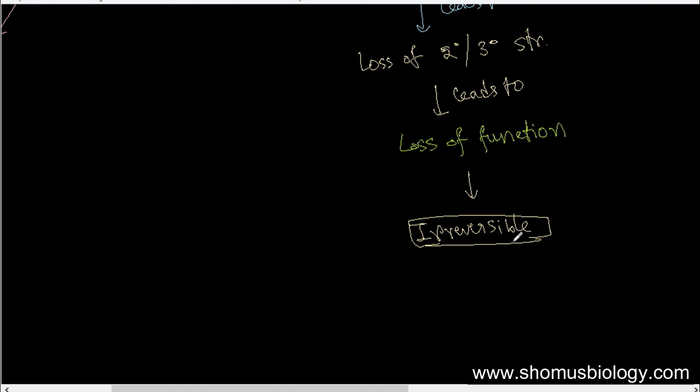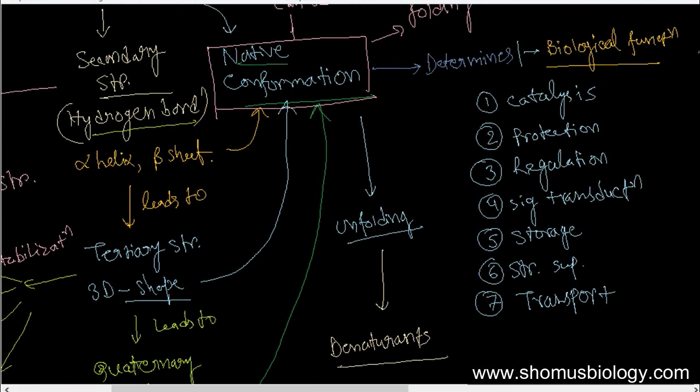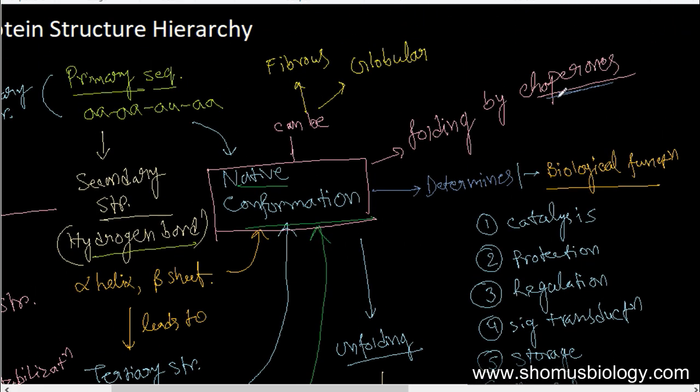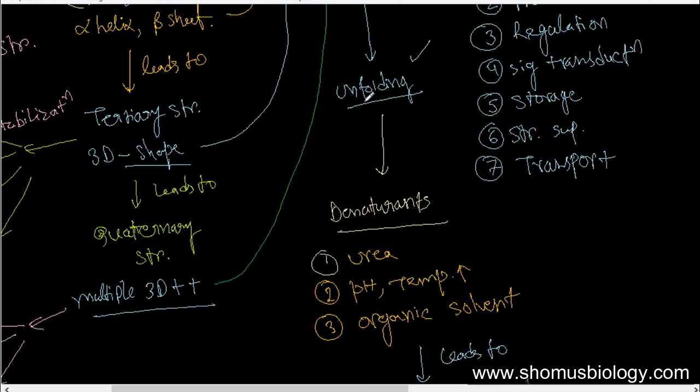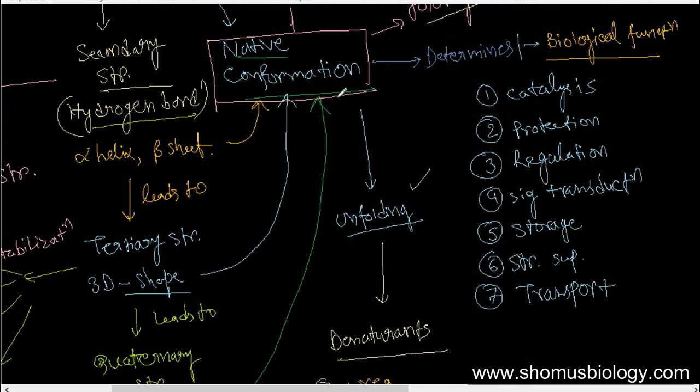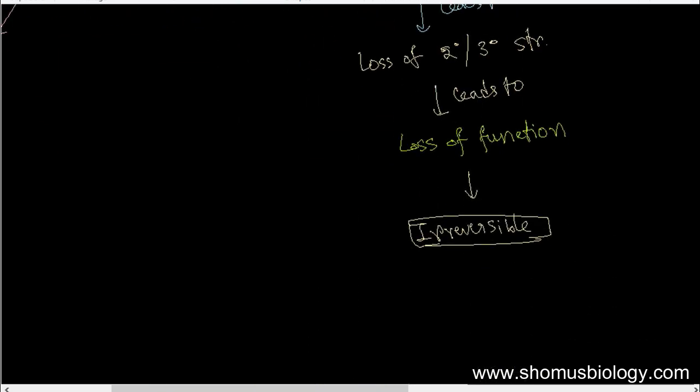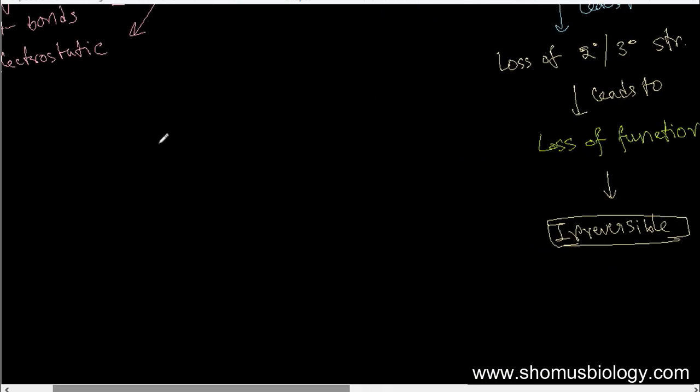Okay, so this native conformation can be either folded with chaperones or unfolded with detergent, pH, temperature, urea and many more things. Okay, but apart from that, let me write it here again from this point, this native conformation of a protein, it's very important.